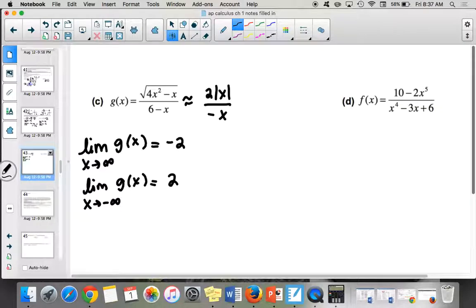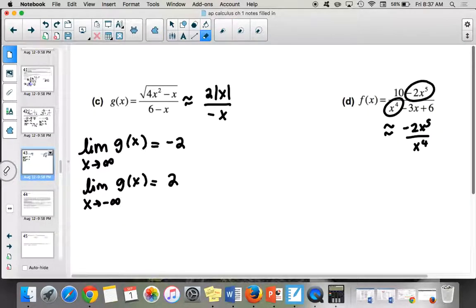All right, so how about this one? This one gets approximated by negative 2x to the 5th over x to the 4th. Those were the 2 largest degrees. So I know there's no horizontal asymptote because it doesn't match up on the bottom. Previously, like in Algebra 2, we would write in a 0x to the 5th, if you remember. Right, so we're not going to do that. We're just going to look at each individual largest degree. So I get negative 2x.